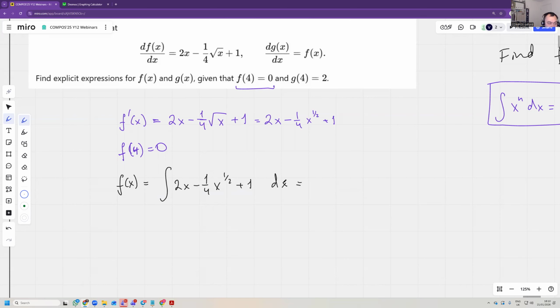And the integral of that is 2 multiplied by x squared over 2, minus 1/4 times x to the power half plus 1 over half plus 1, so 3 over 2, and then plus just x, and plus c.